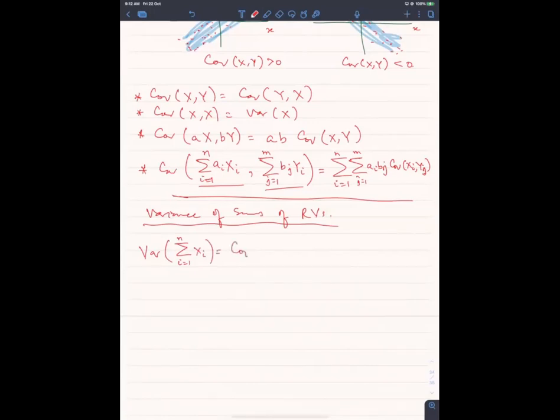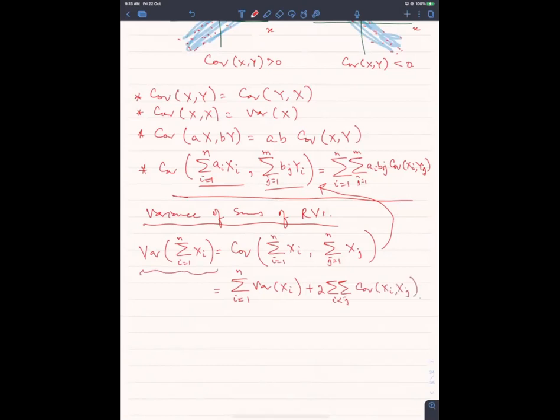This is nothing but covariance between summation i equals 1 to n x_i, summation j equals 1 to n x_j. ठीक है, so यहाँ पे हम ये फॉर्मूला लगा देते हैं, ये फॉर्मूला लगा दें तो आपके पास this will turn out to be summation i equals 1 to n variance of x_i plus 2 times double summation for i less than j covariance between x_i and x_j.